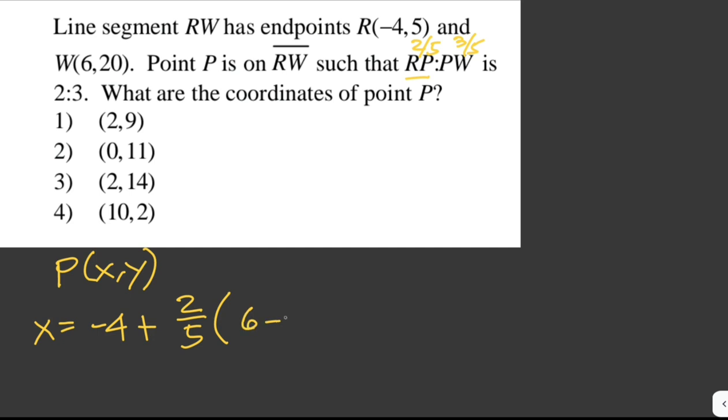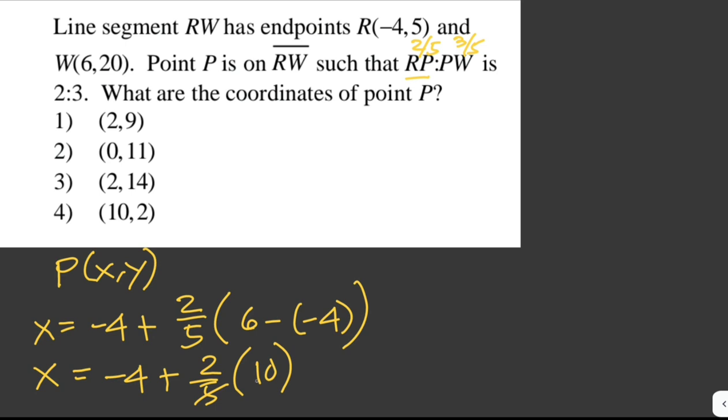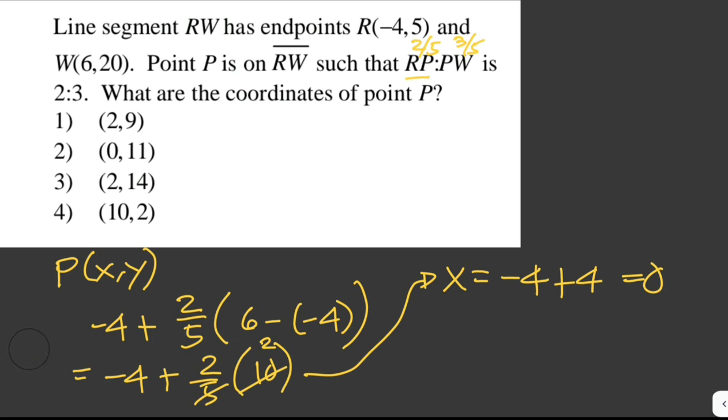So it would be 6 minus -4. x is equal to -4 plus 2/5 times 10. So 10 is divisible by 5, so this is just 2 times 2, which is 4. Therefore, x is just equal to -4 plus 4, which is equal to 0. Now let's solve for the y coordinate.